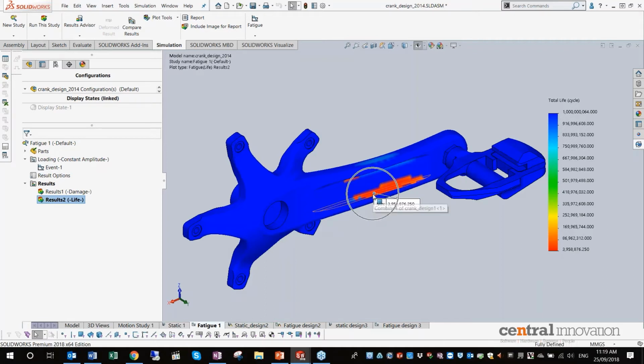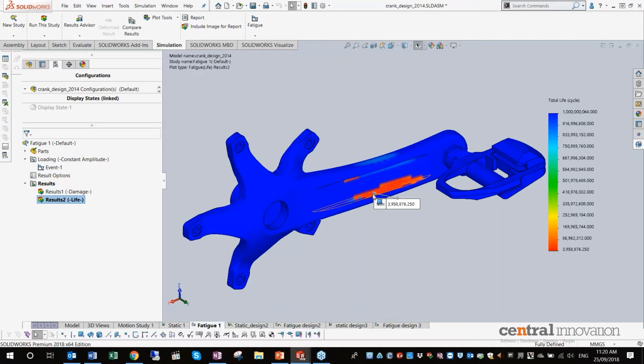So this area fails after 3.9 million cycles, which is way below my 7 million cycles. So I can conclude this is not a good design. Even though my maximum stress for this design is below the yield stress, I can conclude that it's not going to last for 7 million cycles.